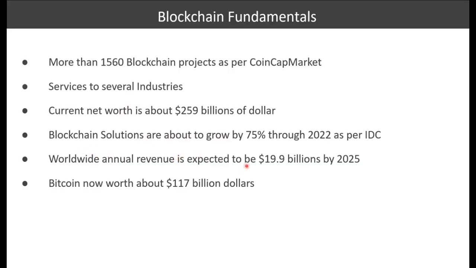Blockchain solutions are about to grow by 75% through 2022. That's according to IDC. Worldwide annual revenue is about to be about $20 billion by 2025, and Bitcoin, it's very volatile, but it's now worth near $120 billion.